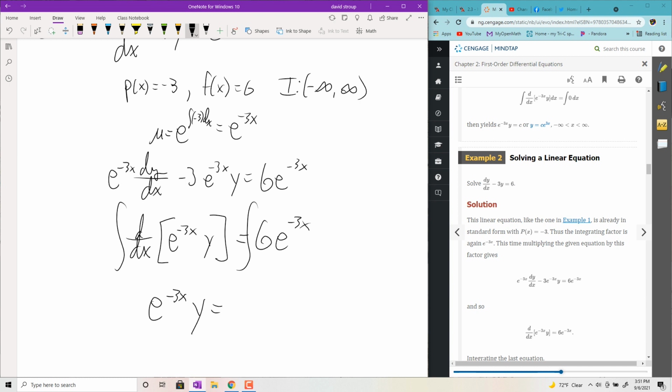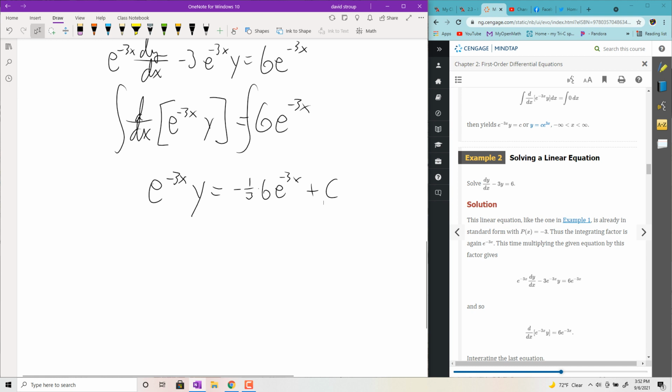On the right, you may want to u-sub. You'll get a negative 1/3 constant popping out. So negative 1/3 times 6e to the negative 3x dx, or sorry, plus c. And then you can multiply both sides by e to the 3x to get y equals negative 2 plus ce to the negative 3x.